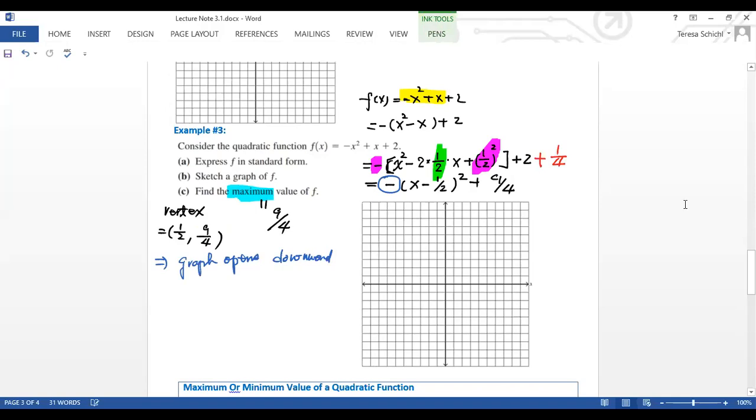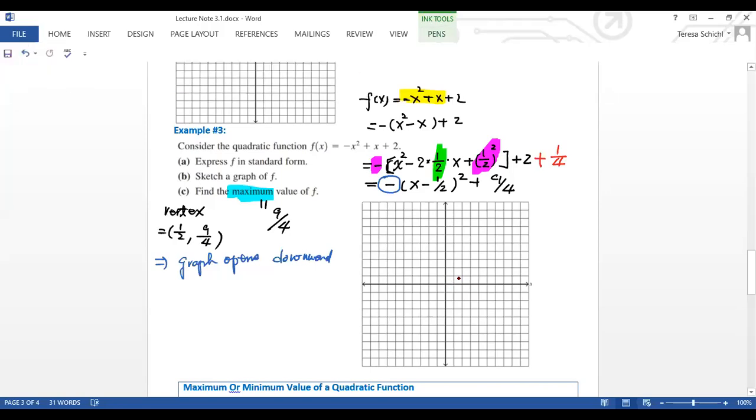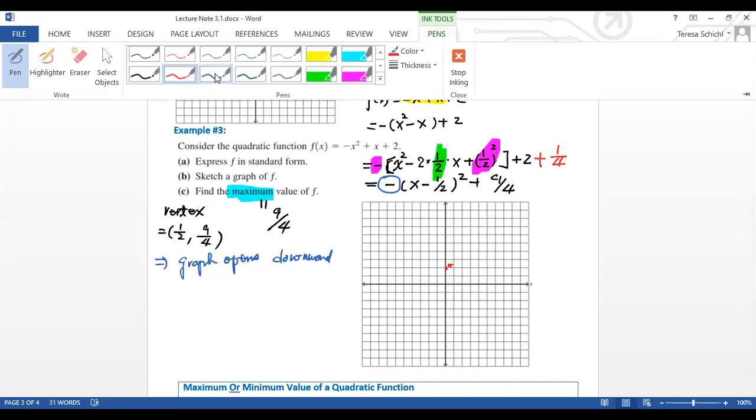Okay, so now let's try to graph it. This one is easy to graph. So the vertex is 1/2, and the 9/4 is a little bit more than 2, so it's somewhere here. Then the y-intercept is 2, so it's here. All right, and then the x-intercept, this one we can calculate.